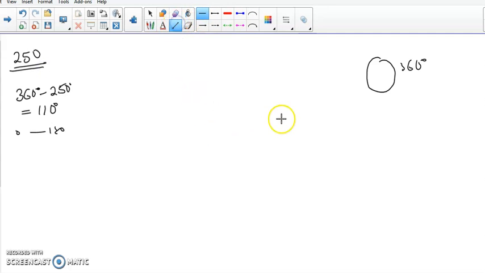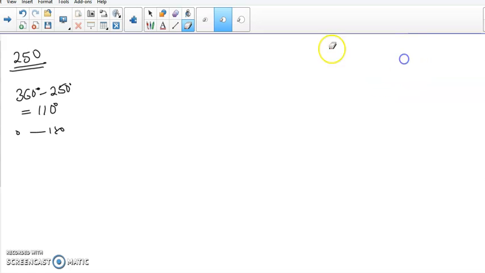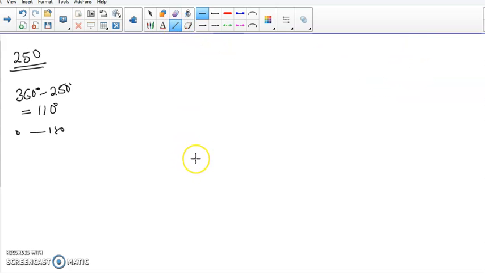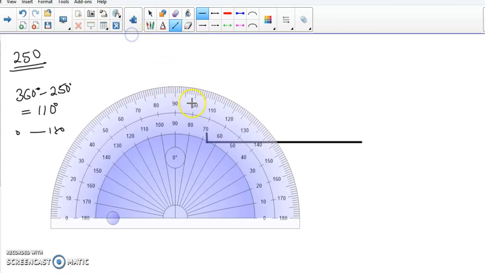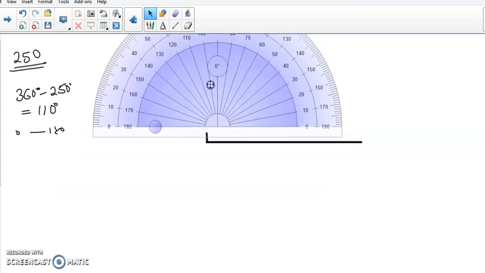Okay, let's go. What I have to do first of all is make a straight line. Now make a center. Let this point be my center. From here I will pick my protractor, place it here, and make the line to be here.